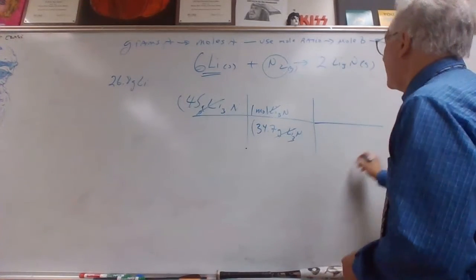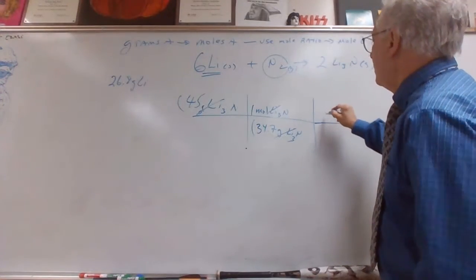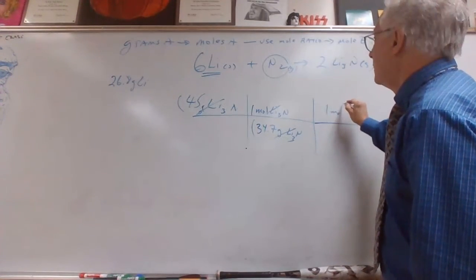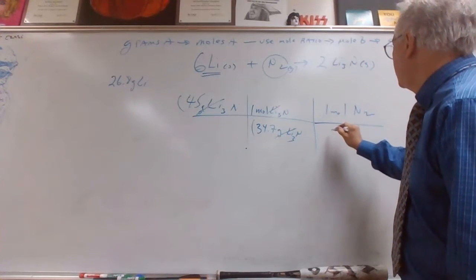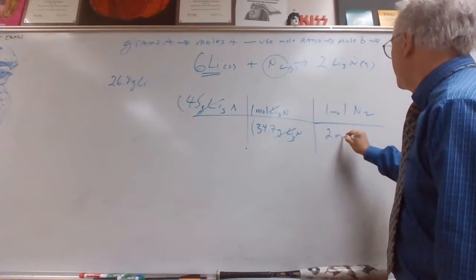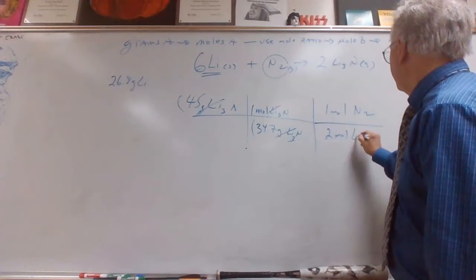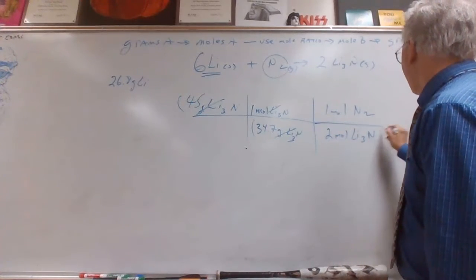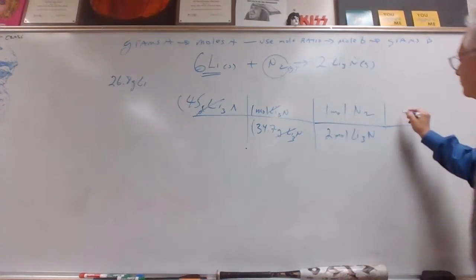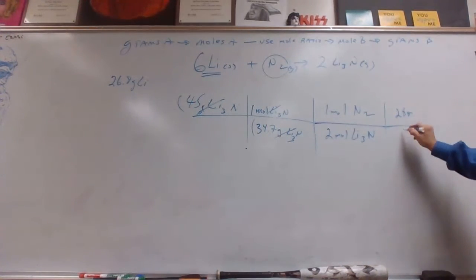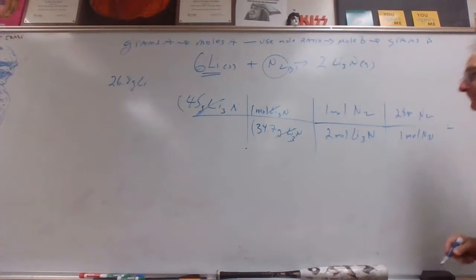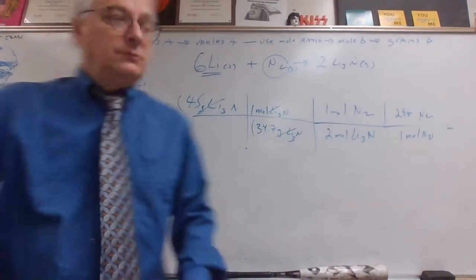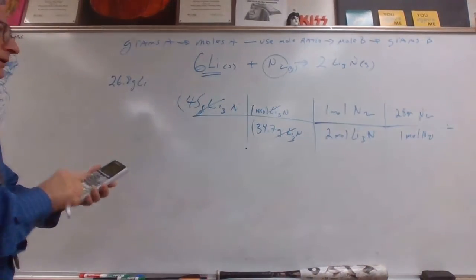So in this case, I know that I need 1 mole of nitrogen for every 2 moles of lithium nitride. And I know that nitrogen is 28 grams per mole. Okay, well, let's see here.